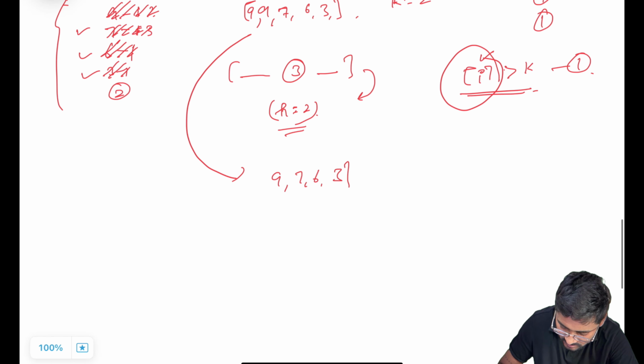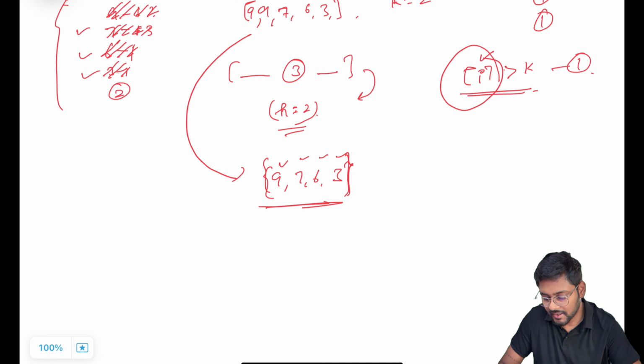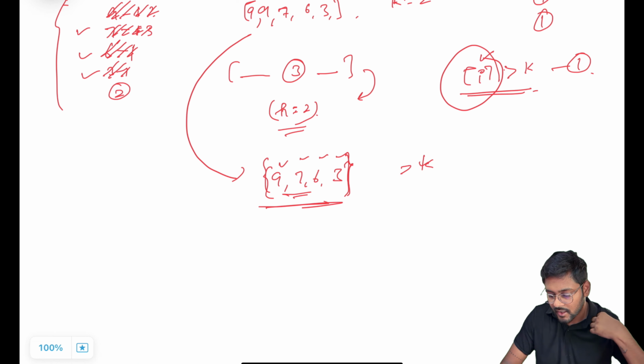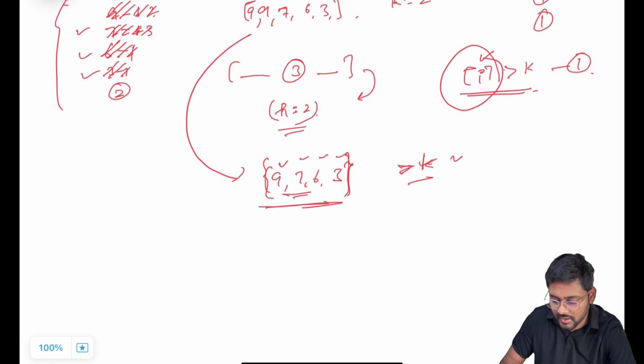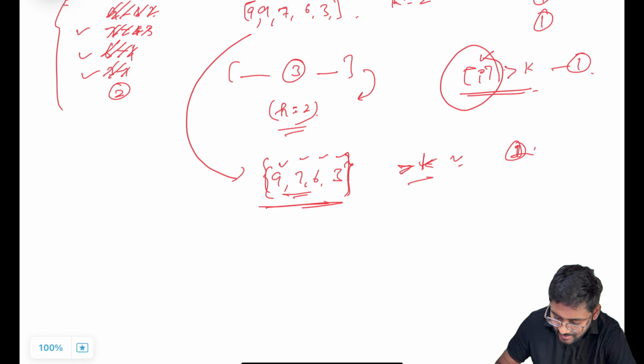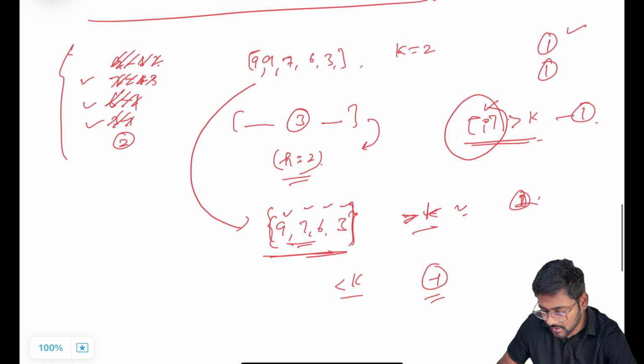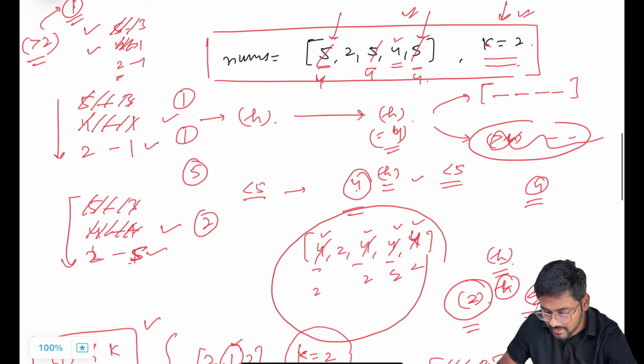For all the unique values, if I just use a set to capture the unique elements, whatever value in the set is greater than k adds one operation to our effort. And if at any moment I encounter a value which is less than k, then -1. So this is the idea that we got from running a couple of dry runs.